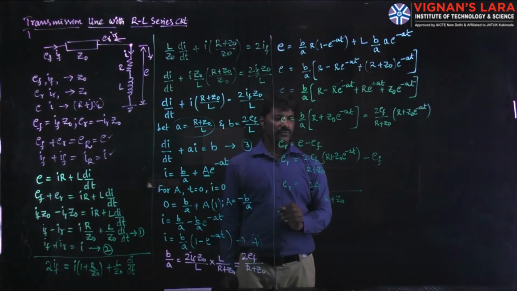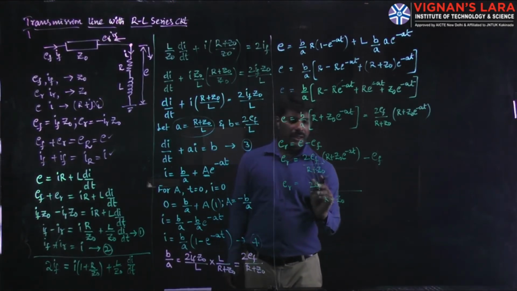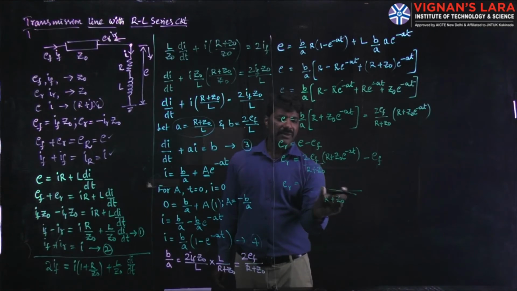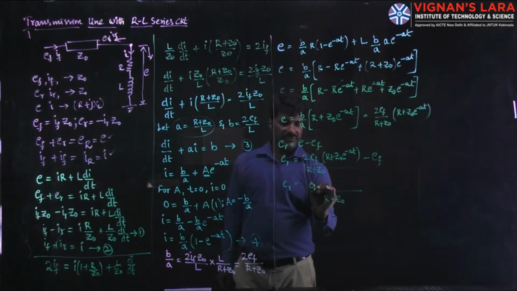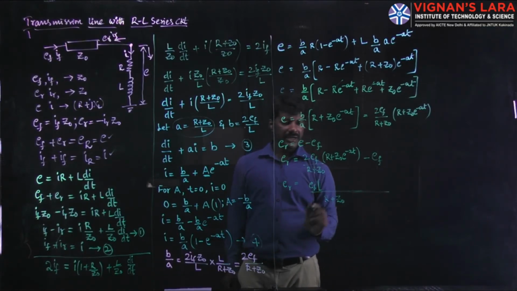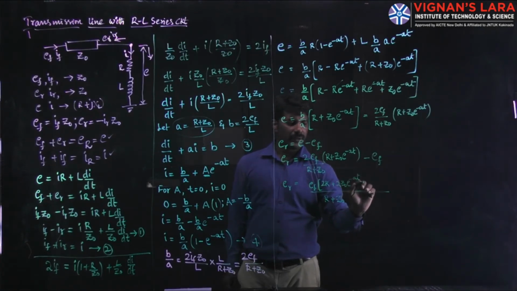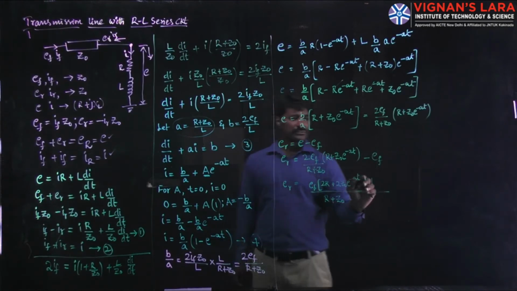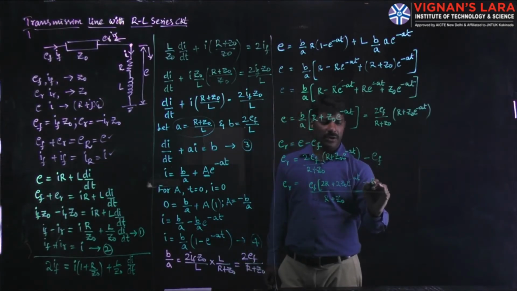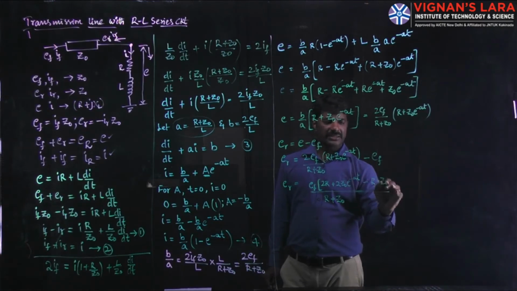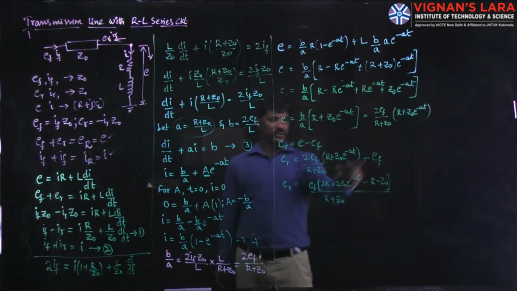EF can be taken as common for our simplification, so that whenever EF is taken as common in the numerator part, we can write this as 2R plus 2 Z naught e to the power minus at minus 1. In the sense as we took the LCM, minus R minus Z naught, as we took the LCM part.